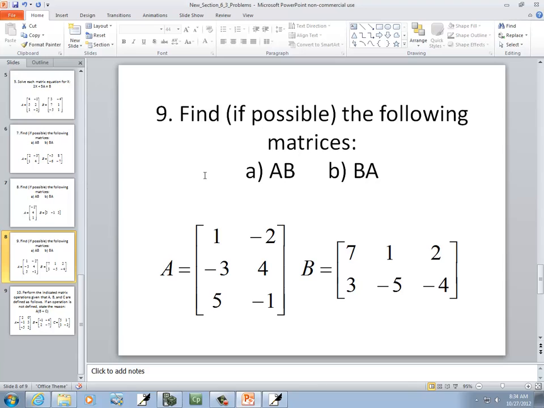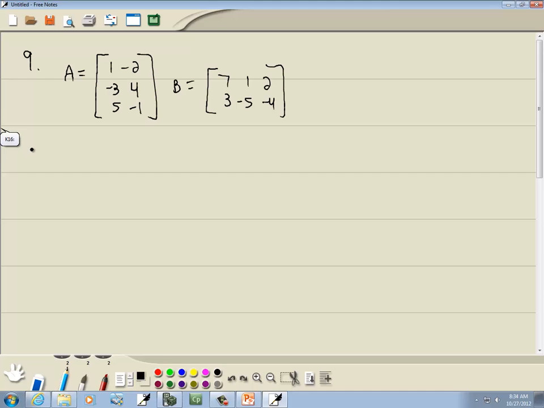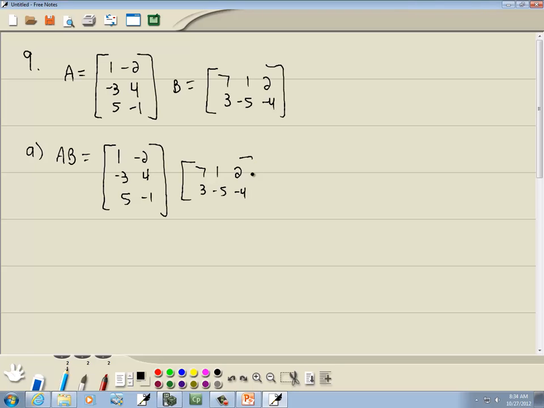It says find, if possible, the following matrices. So let's find A times B. So we've got 1, negative 2, negative 3, 4, 5, negative 1 times 7, 1, 2, 3, negative 5, negative 4.